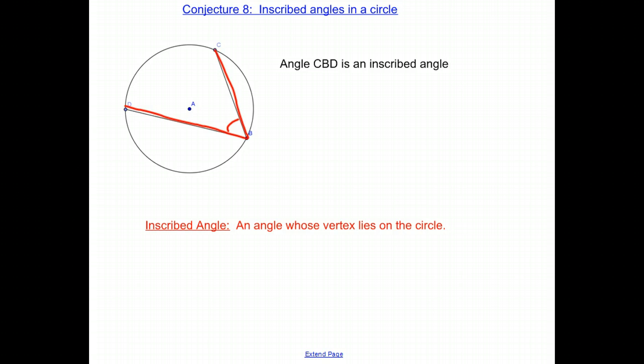So upon further investigation, we can use GeoGebra to discover some different qualities or characteristics of inscribed angles. So here we're looking at this same exact diagram with some of the angle measurements provided from GeoGebra. So if we look at the measure of angle CBD, we have 53.54 degrees.